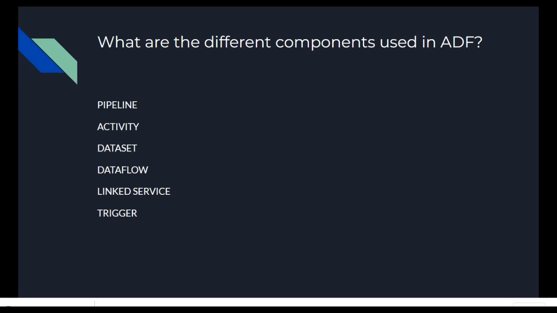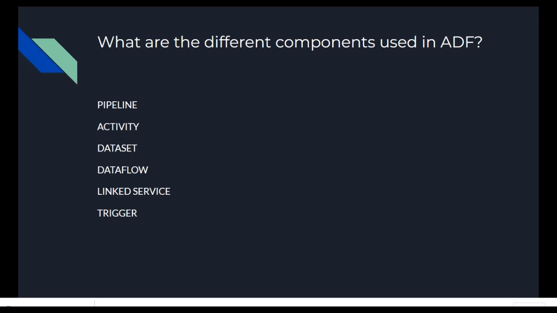The pipeline is the logical container of the activities, like copy activity, wait activity, and many more types of activities we can do in the pipeline. Next, activity specifies the execution step in the Data Factory pipeline, which is used for data ingestion and transformation. An example is the copy activity.